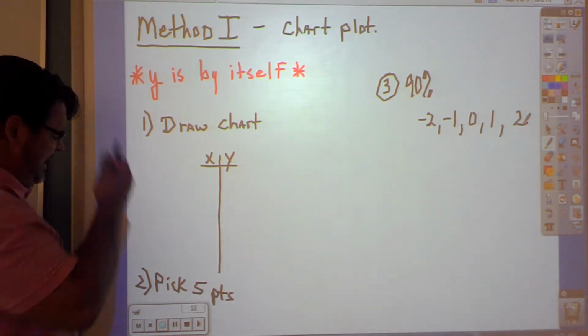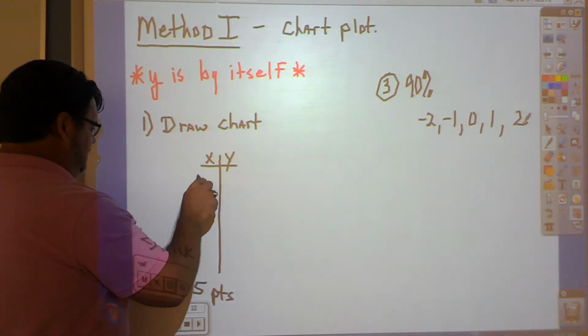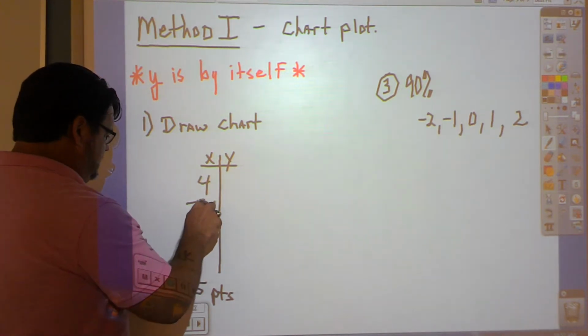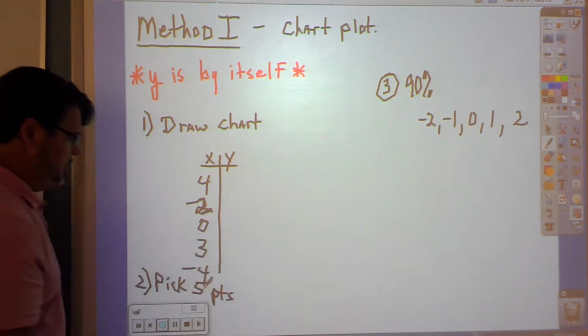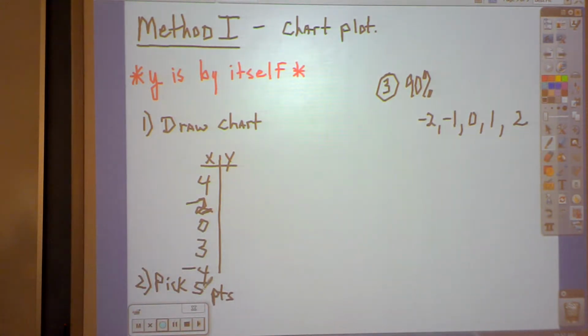All right, I need to pick 5 points. Let's go 4, -6, -2, 0, 3, -4. That's what y'all do. And then y'all wonder why y'all can't do math. Y'all read from left to right for 25 years, and you do that when you write down numbers for your points. Doesn't make any sense.